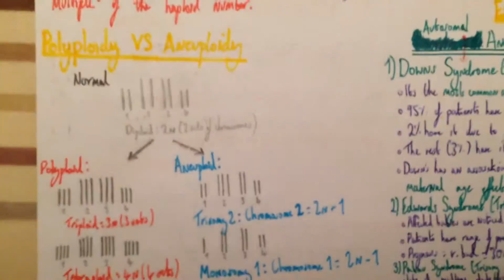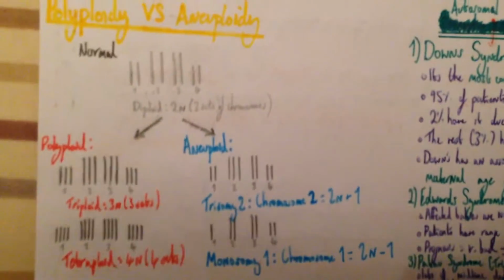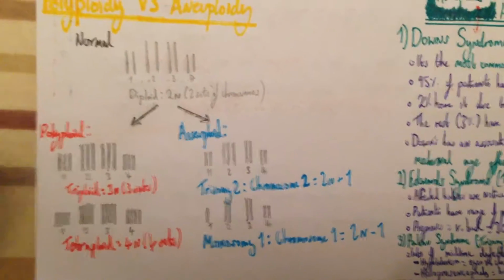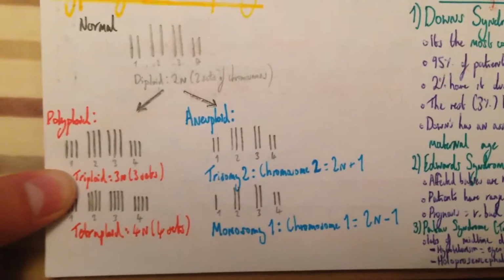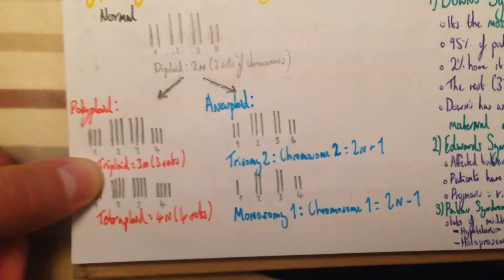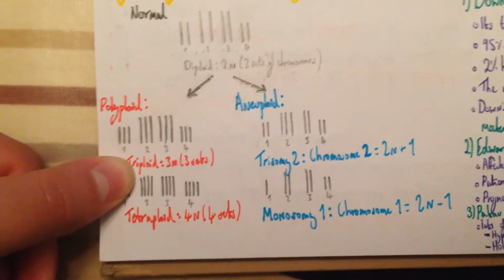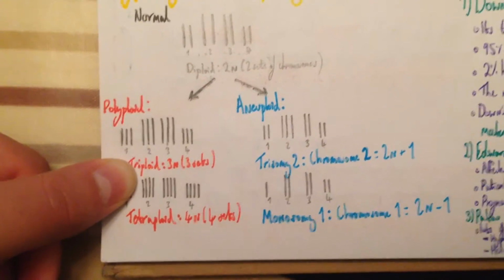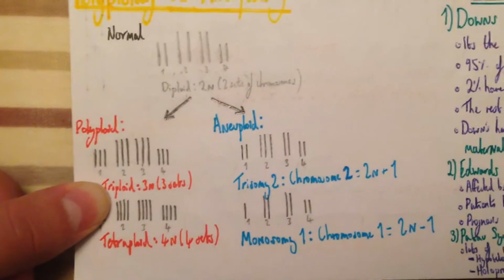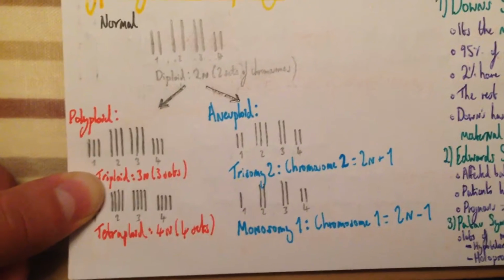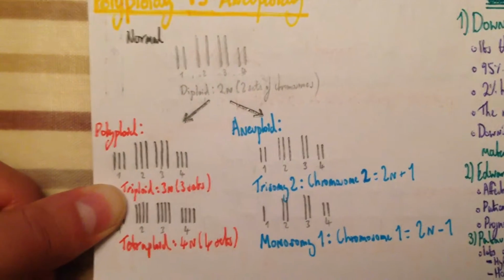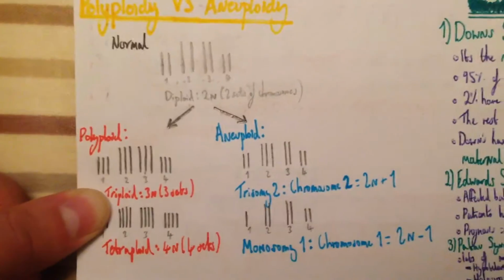Here is a normal cell, where it's diploid, 2n. In polyploidy, for example, we may have triploid, which is 3n. So you have 23 times 3, which is 69 chromosomes.